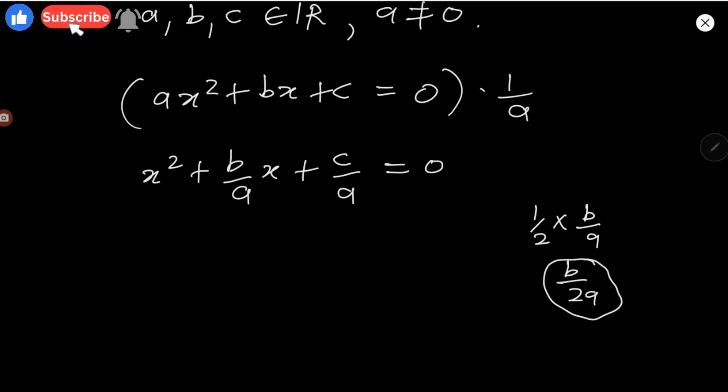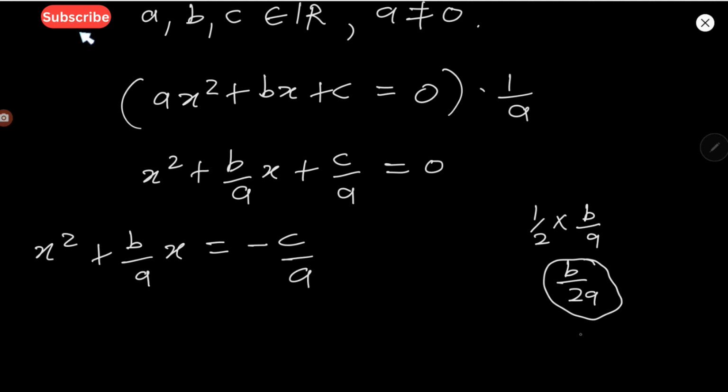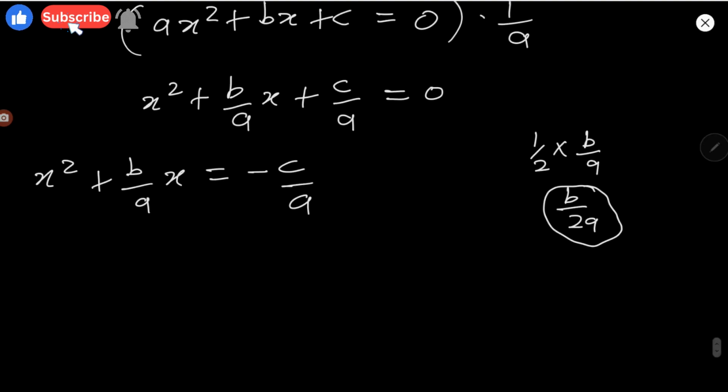So if we were to say x squared plus b over a x is equal to, I'll take this constant the other side, so we're going to have minus c over a, and then the square of b over 2a, we will add it to both sides of this equation.